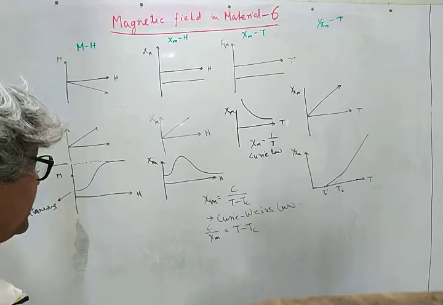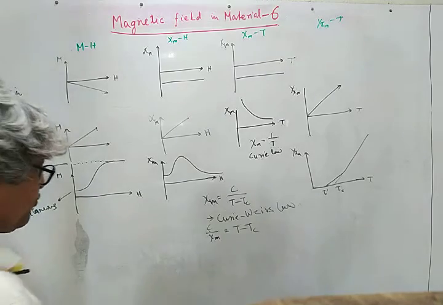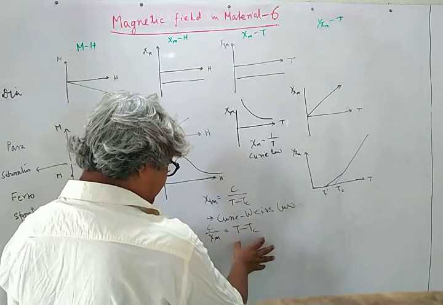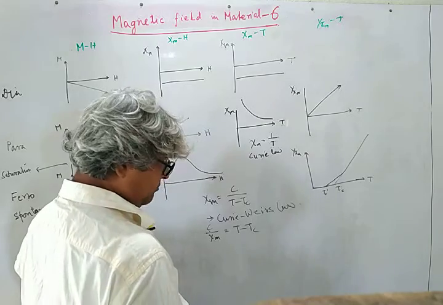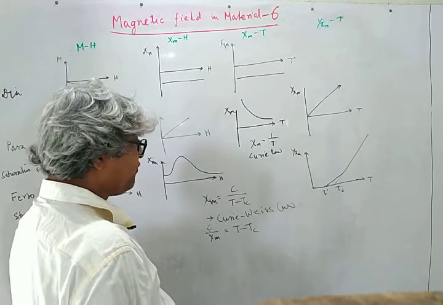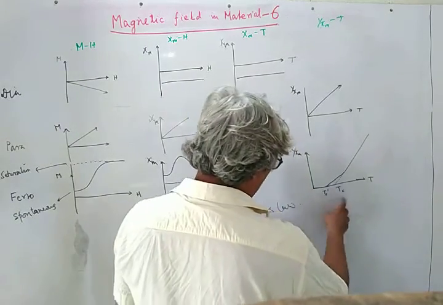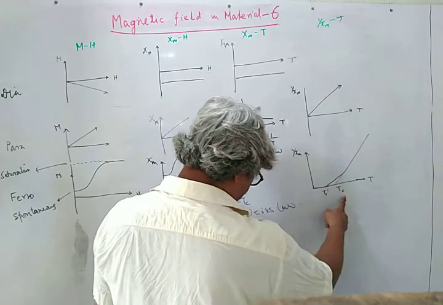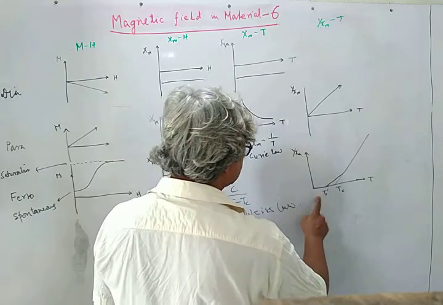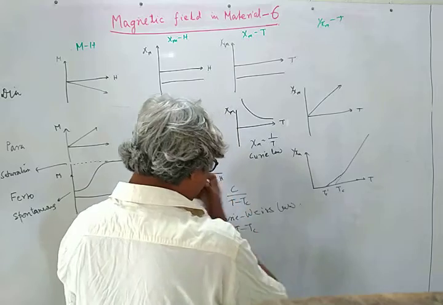As per this law, the 1 by chi m must be 0 at T equal to Tc, but actually it is found that it is 0 not at Tc, called the Curie temperature, but it gets slightly modified.